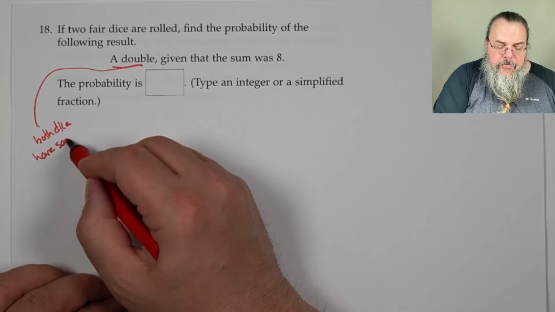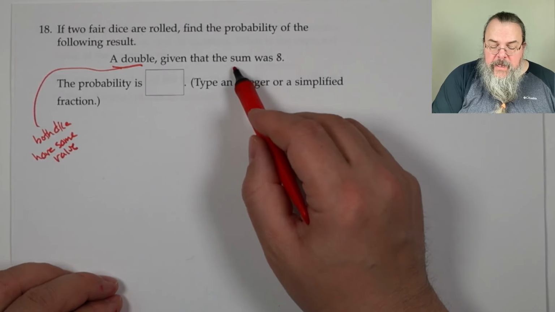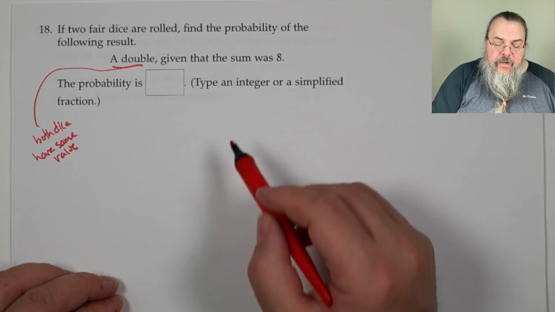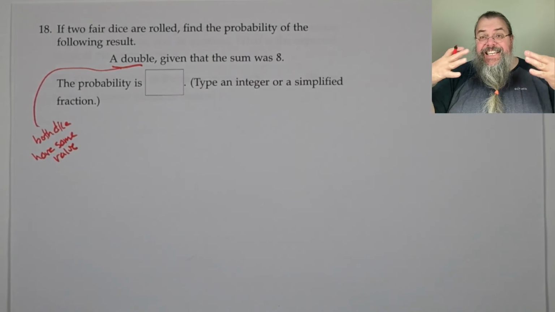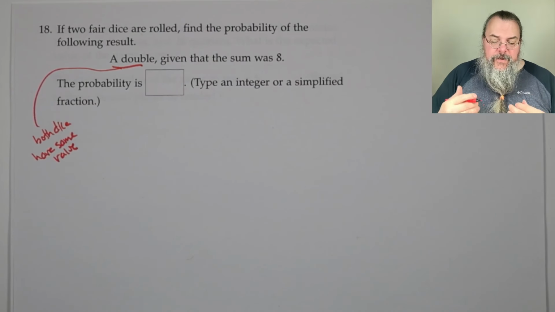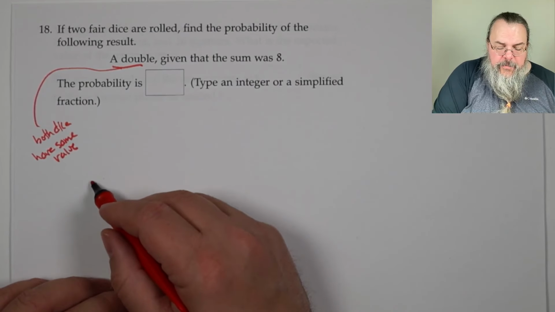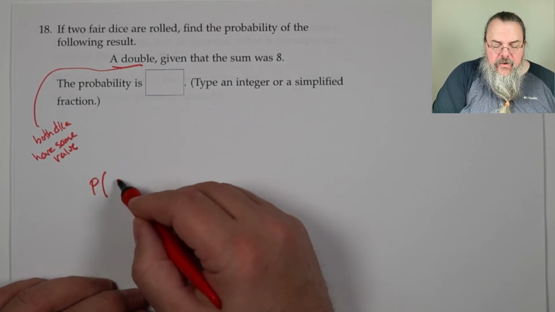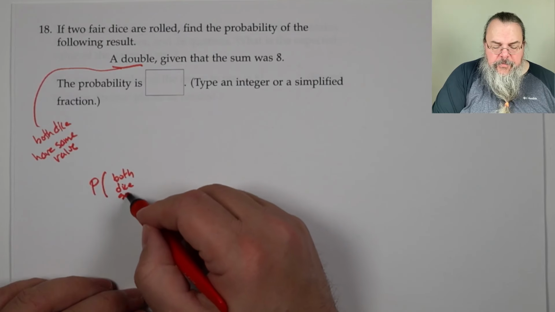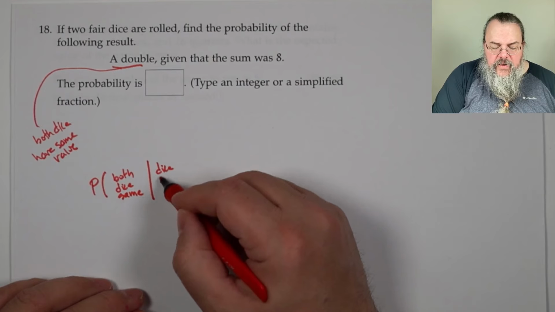All right. Well, let's think about that. So, in essence, this is the conditional probability, but it's a relatively simple, straightforward version of it, right? It essentially says find the probability that both dice are the same, given that the dice add to 8.